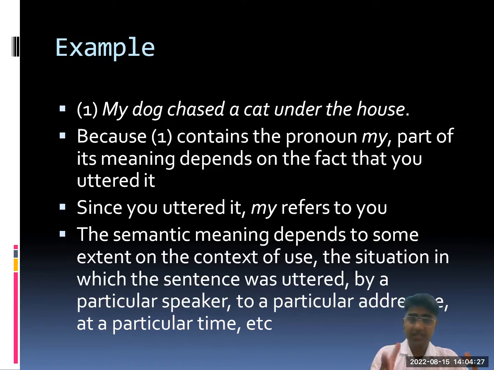In which context the word is used, in which context the sentence is spoken, framed and functioned: the situation in which the sentence was uttered by a particular speaker to a particular addressee at a particular time. So we can understand that the semantic meaning depends to some extent on the context of use. So the context is very important.